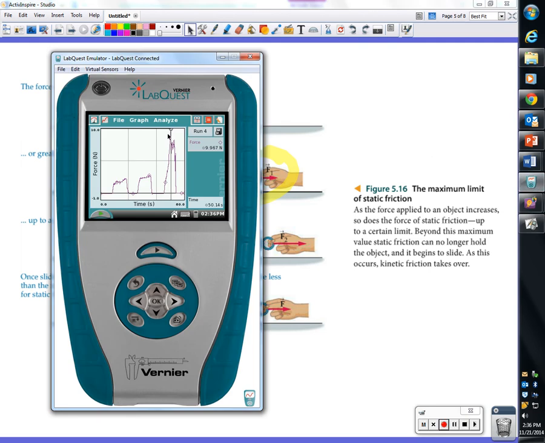This value way up at the top up here, that's the value that we're interested in. We refer to that peak value as the maximum static friction.